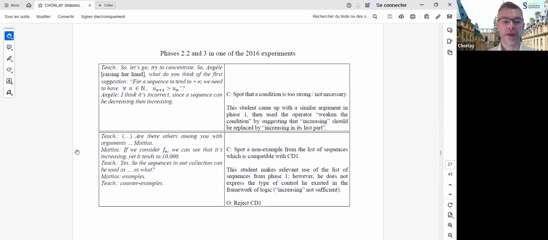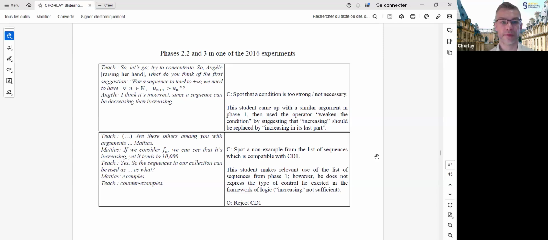So Matthias, if we consider Fn, we can see that it's increasing, yet it tends to 10,000. Yes, so the sequences in our collection can be used as what? As examples, no, as counterexamples. So here, student Matthias makes a relevant use of the list of sequences from phase 1.